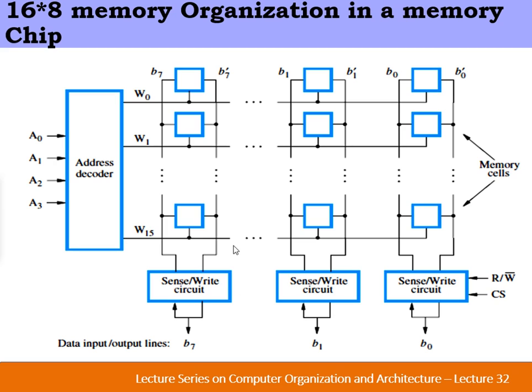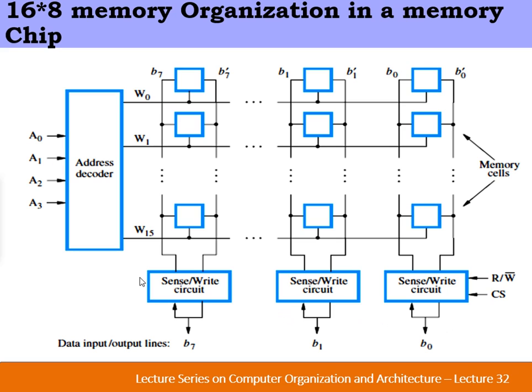So the sense/write circuit is a circuit which is going to sense the information, that is, during loading of information into the cell, as well as to read the information from the cell, we make use of the sense/write circuit. And it has two directions. One is to store the information into the cell. Can you see the upward direction?